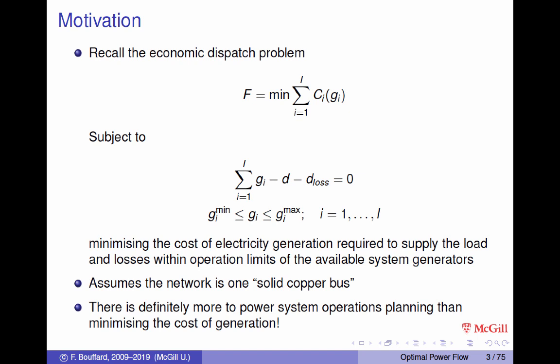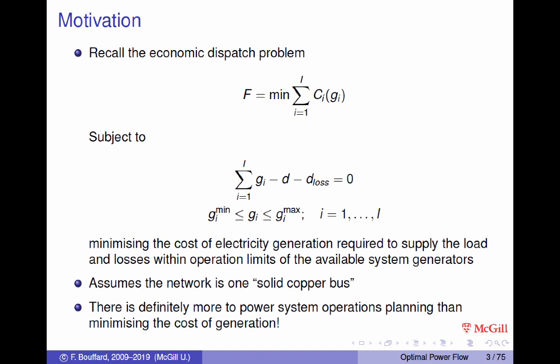And even in cases where we effectively solve the economic dispatch, for instance, when we do dispatch every 5 to 10 minutes, there has to be a validation that the dispatch solution that we've just found will effectively be implementable over the network.